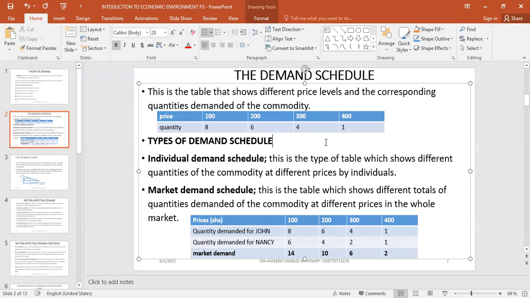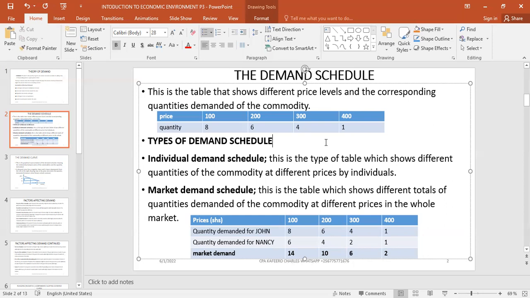It means that the difference you are seeing is a result of an increment in the price, because the quantity demanded has reduced simply because the price has increased.